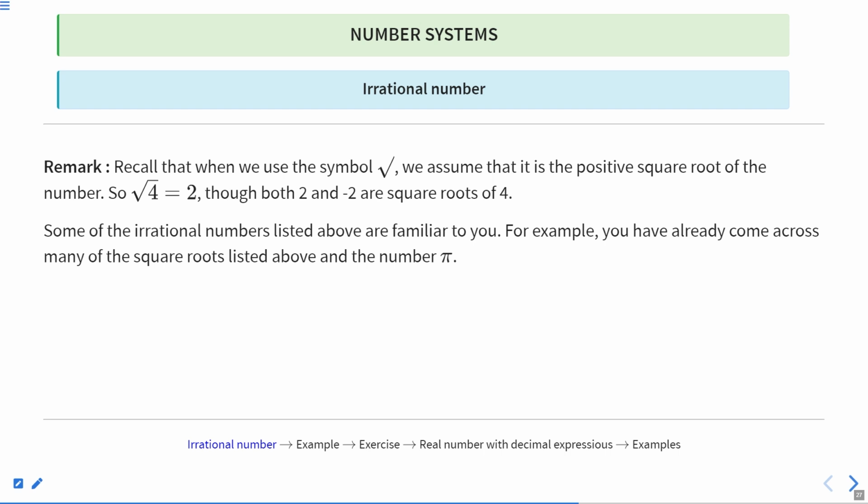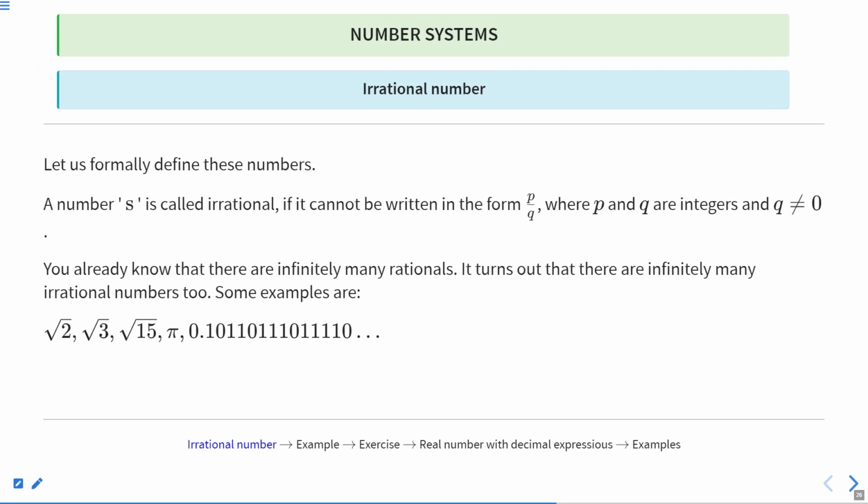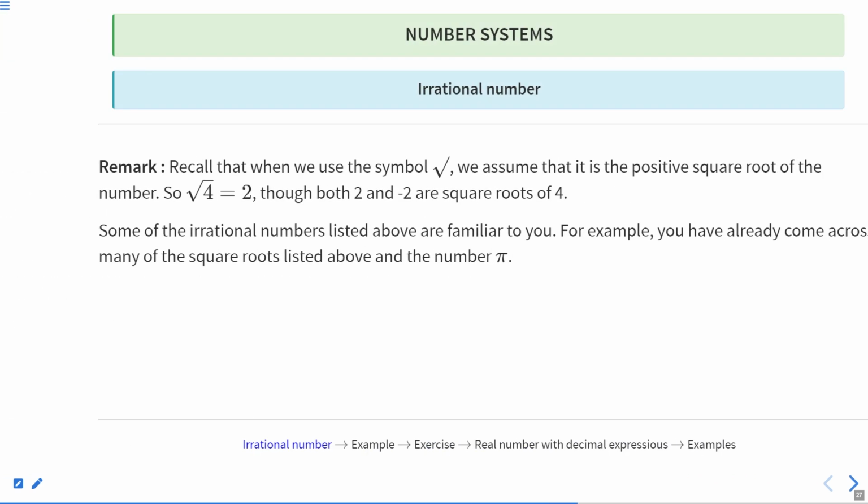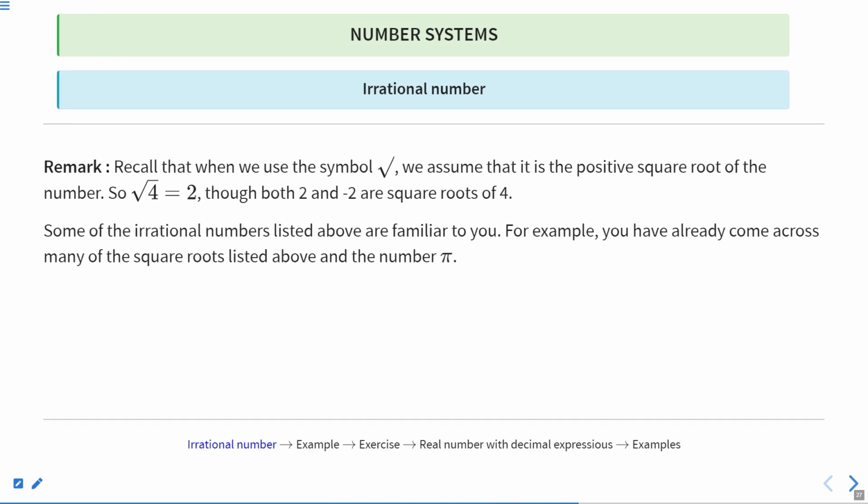Some of the irrational numbers listed above are familiar to you. You are familiar with root 2, root 3 and pi. You have already come across many of the square roots listed above and the number pi.